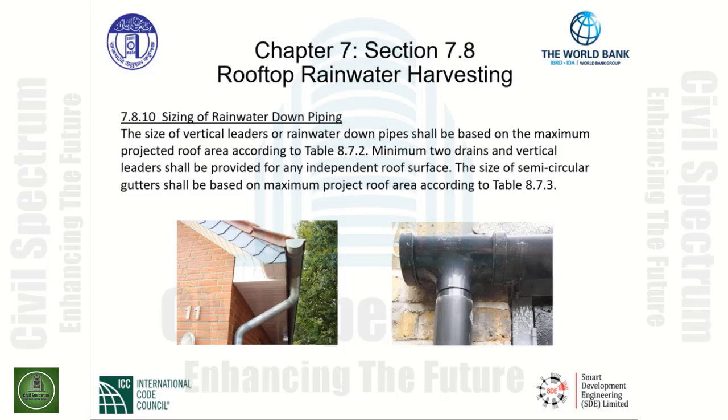The size of semicircular gutters shall be based on maximum projected roof area according to table 8.7.3. As seen below, we have semicircular gutters and leaders taking the water into downpipes.